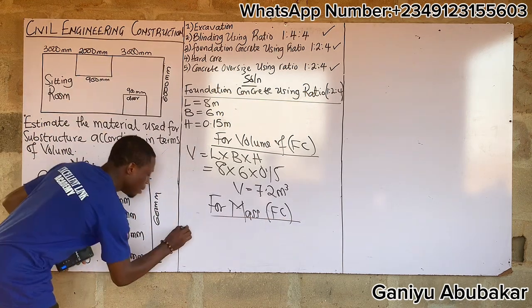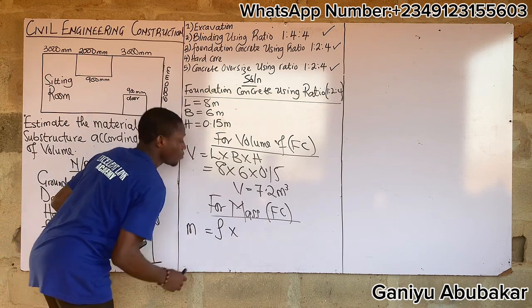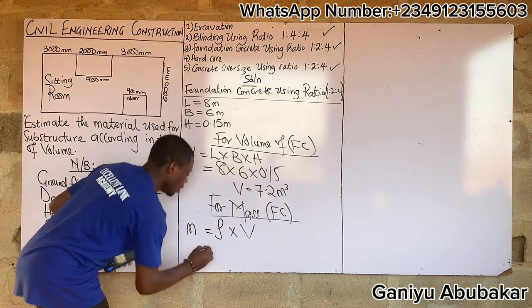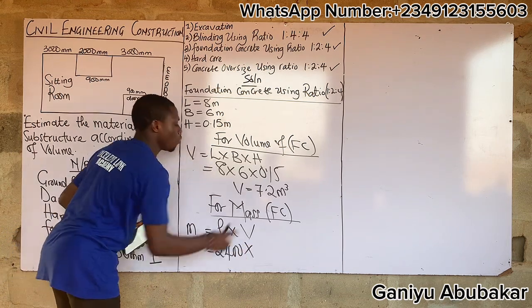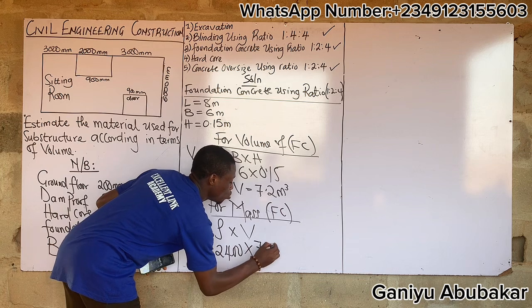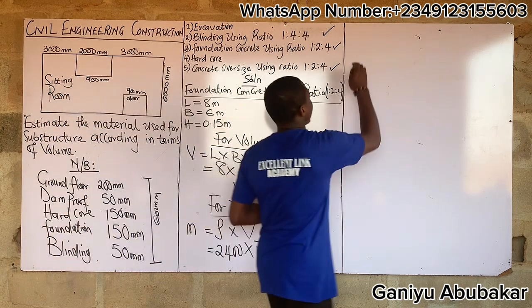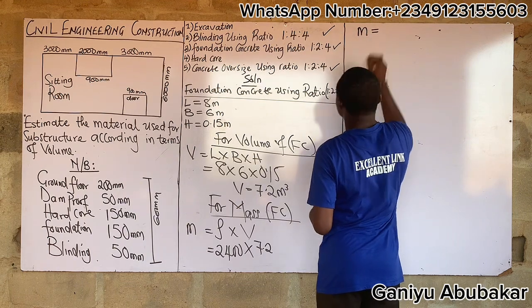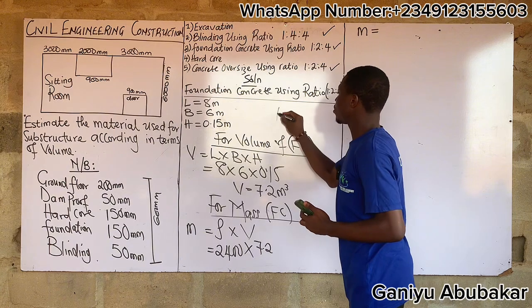So I'll get what I get here. For mass, we said mass is equal to what? Density times volume. Density is constant, 2400, times volume, which is of course 7.2 meter cube. Basically, this symbol is called rho, right?